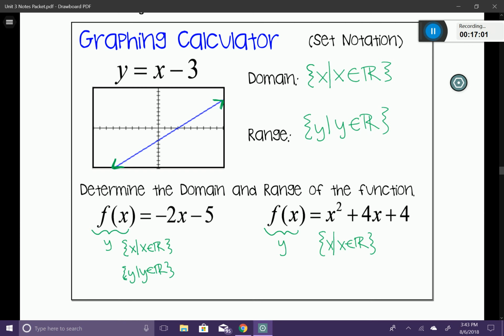Do you notice that my low point in my range is going to be at the x-axis? That would be the lowest range value, which would be 0. So I'm going to say that y such that y is greater than or equal to 0, because it's going to be every number that's greater than or equal to that 0.